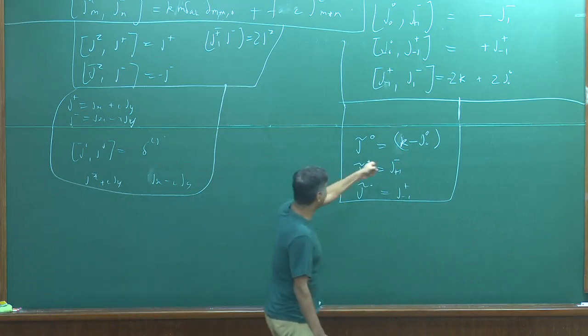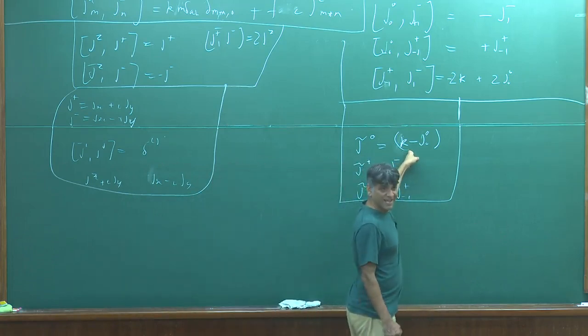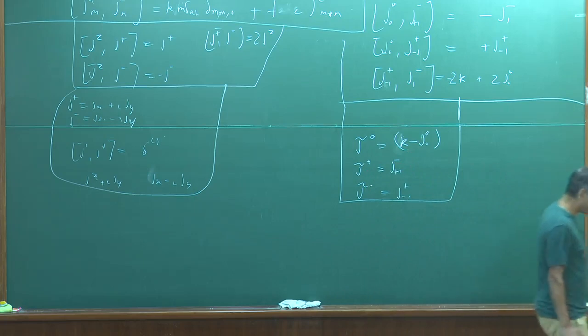But by the way, one thing we can see immediately from here is that if we want unitary representations, k had better be a half integer, because in any unitary representation of SU2, all J0 eigenvalues are half integers.